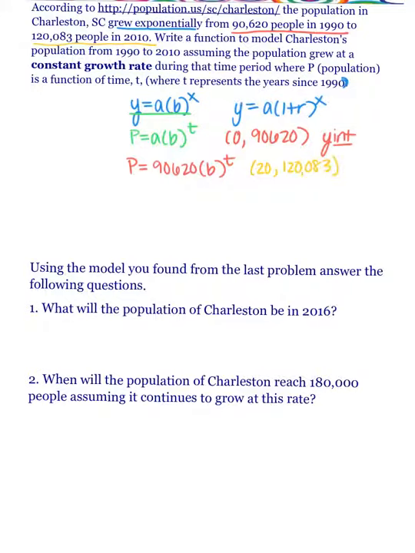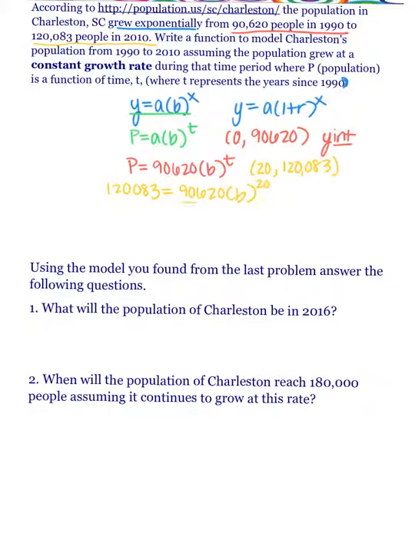So I can plug that point in and solve for my b value, my growth factor. So I'll have 120,083 equals 90,620 times b raised to the 20.